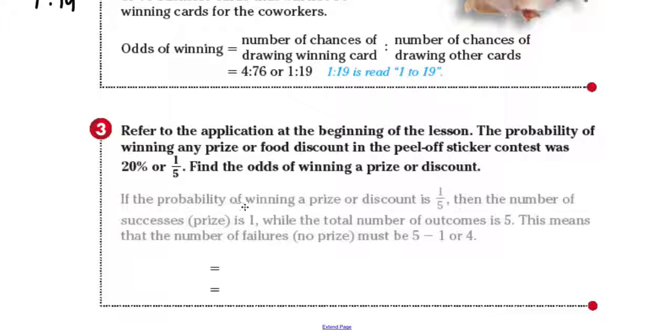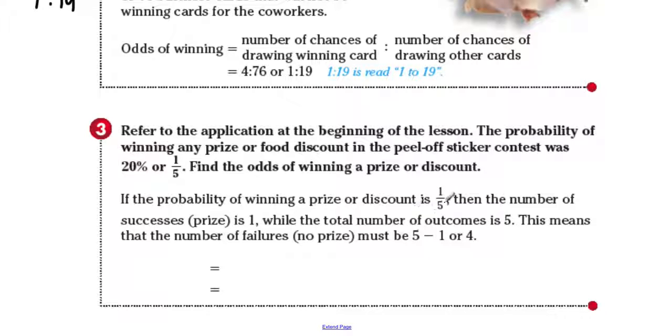If the probability of winning a prize or discount is 1/5, then the number of successes of winning a prize obviously is 1, while the total number of outcomes will be 5. This means that the number of failures, no prize, must be 5 minus 1, or 4. Or you can do this.